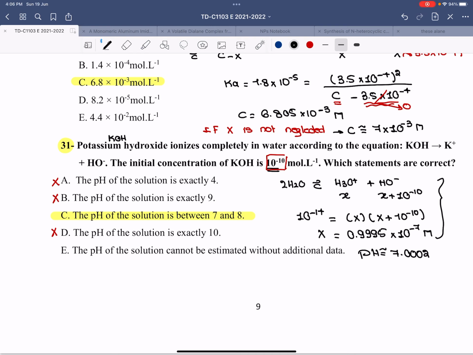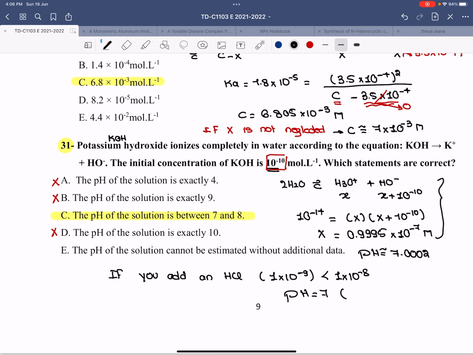Same thing if you add an acid like HCl and suppose that the concentration of HCl is 1 times 10 to the power negative 9. This is less than 1 times 10 to the power negative 8. Directly you can say that the pH is 7.